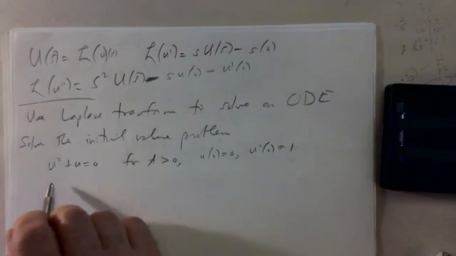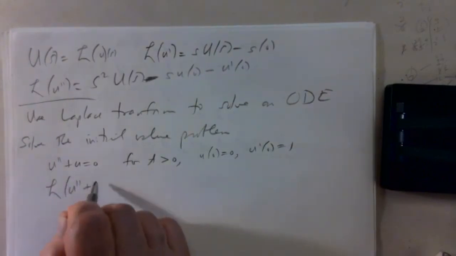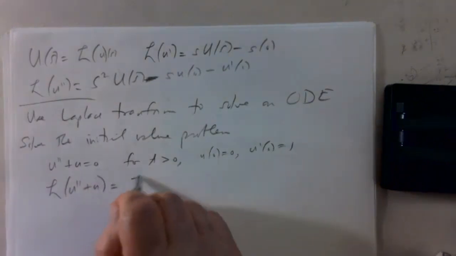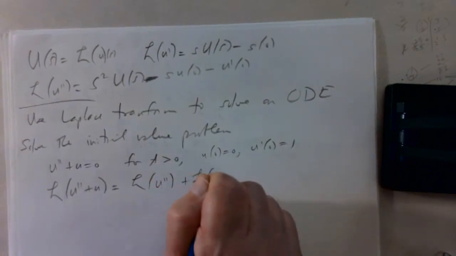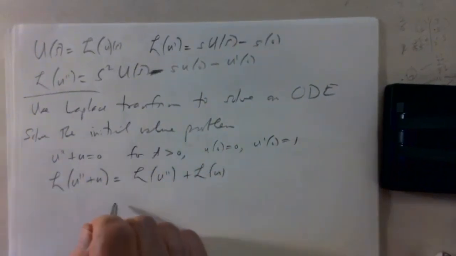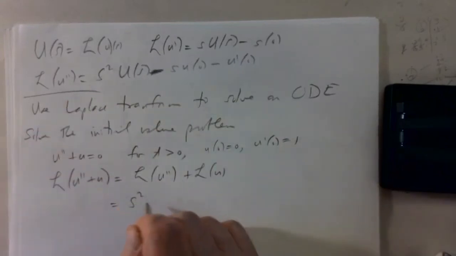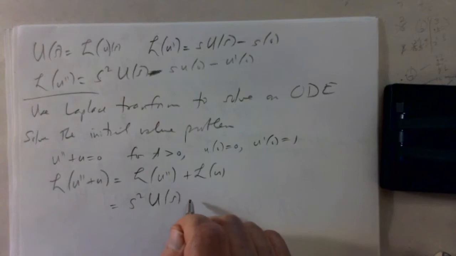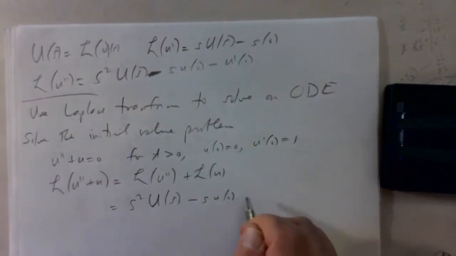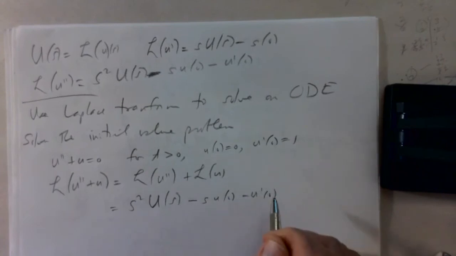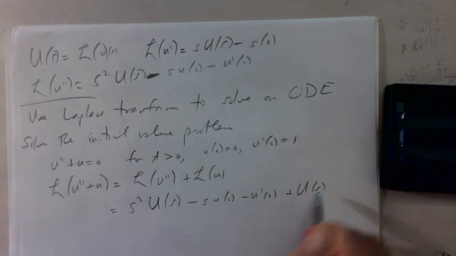So according to this, the Laplace transform of u double prime plus u is, by linearity, the Laplace transform of u double prime plus the Laplace transform of u. Laplace transform of u double prime is s squared U of s minus s u of 0 minus u prime of 0 plus the Laplace transform of u, which is U of s.